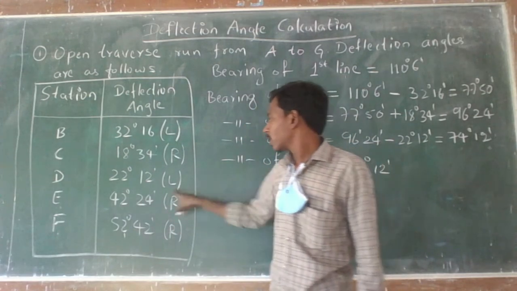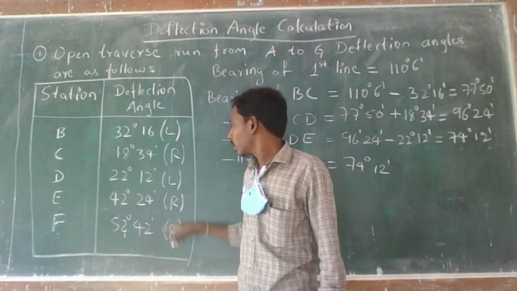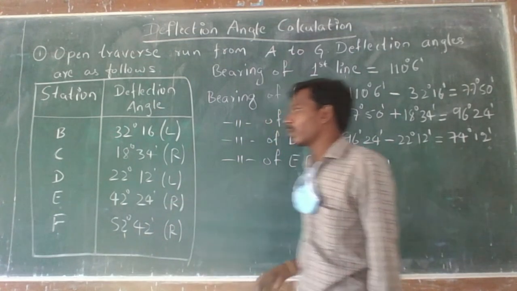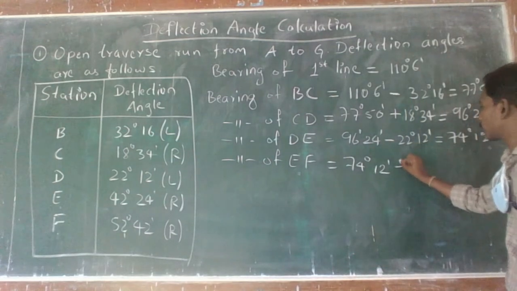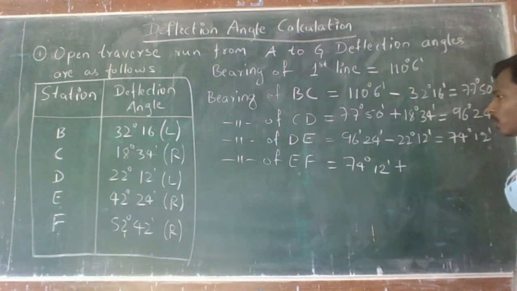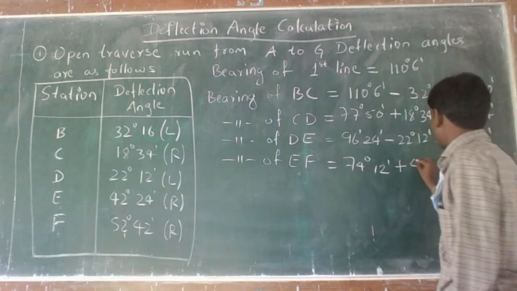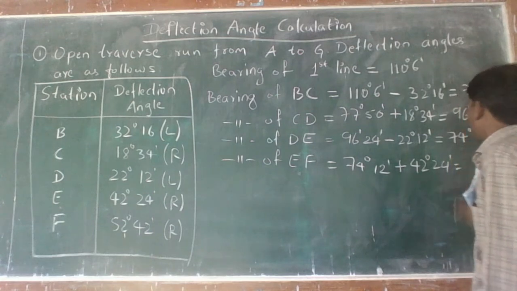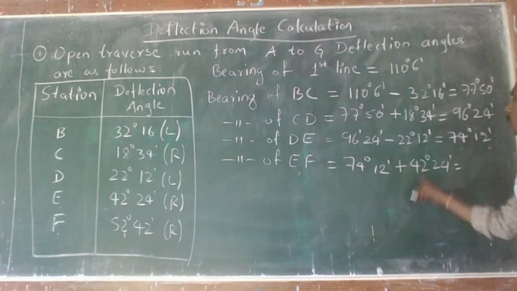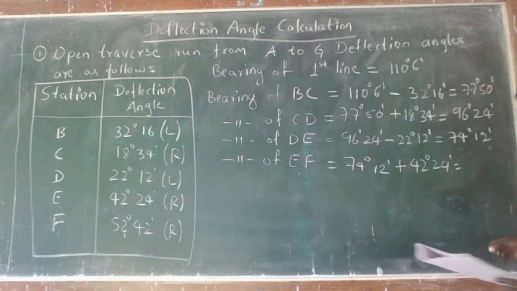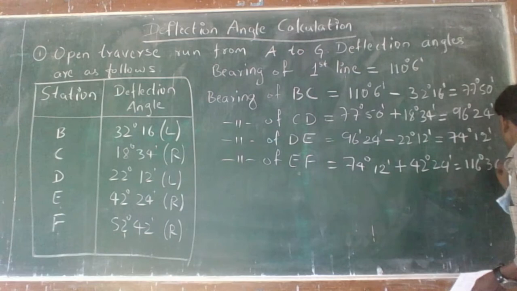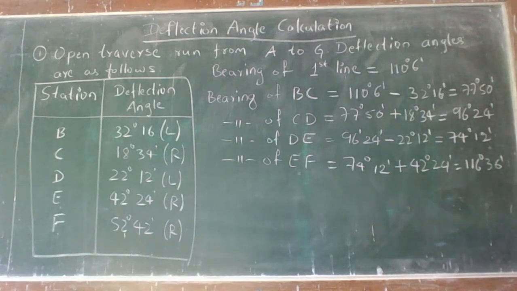So here the deviation of the deflection angle is towards right side, or it is clockwise. So we have to take the plus sign. Now substitute the value 42 degrees 24 minutes. Now after the calculation, the sum of these two values will give you 116 degrees 36 minutes.